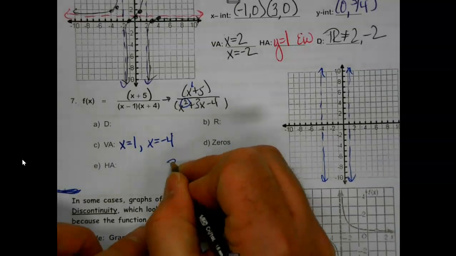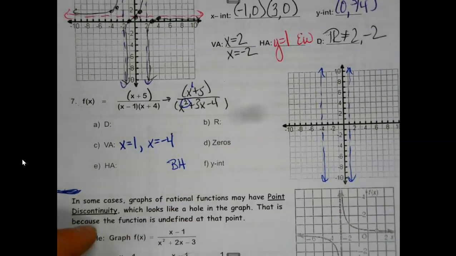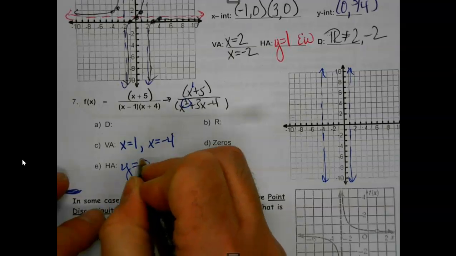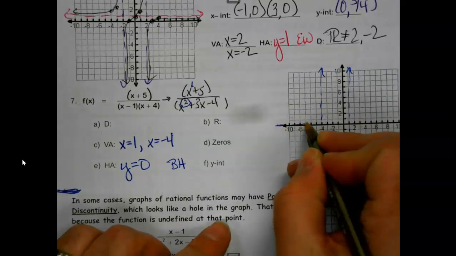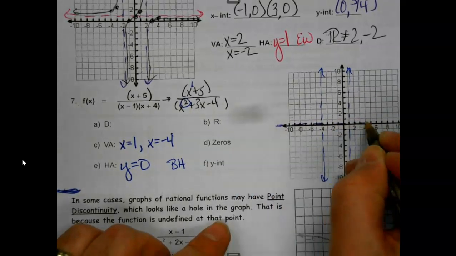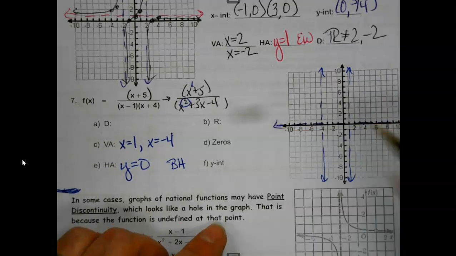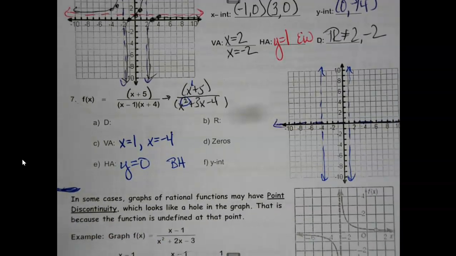So when I'm bottom heavy, my horizontal asymptote is going to be at 0. So if they're factored out, you do have to watch a little bit, because that can get a little screwy.